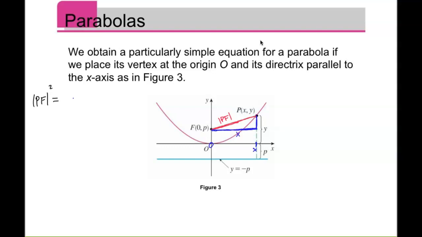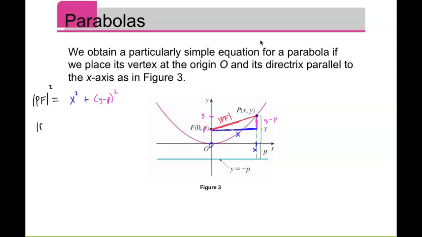PF squared equals x squared plus, now I need the vertical distance. To find the vertical distance between 2 points, this is y and this is p. Wouldn't you just do top minus bottom? So y minus p. That distance is y minus p. And so by Pythag, PF squared equals x squared plus (y minus p) squared.